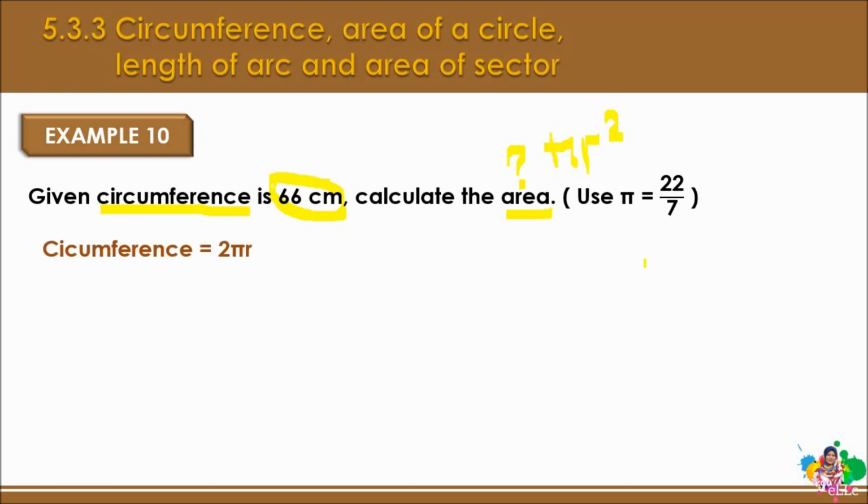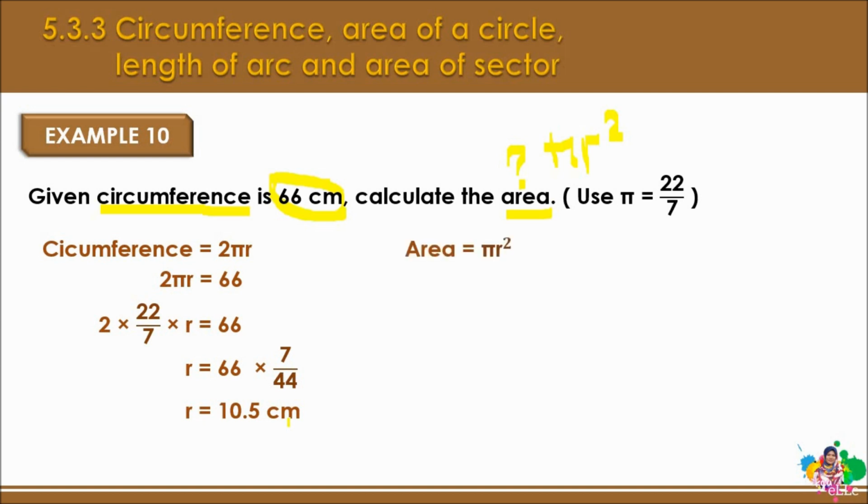So the formula of circumference is 2 pi r. Then you substitute the value, then you solve the equation, you get r equals 10.5 centimeter. Then only you can find the value of area. Area is pi r square.